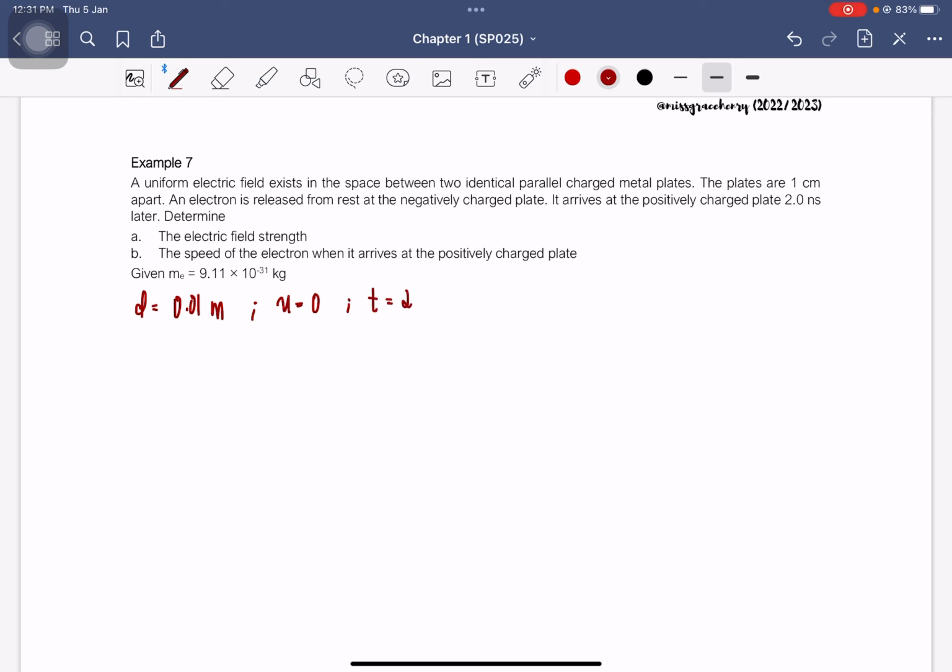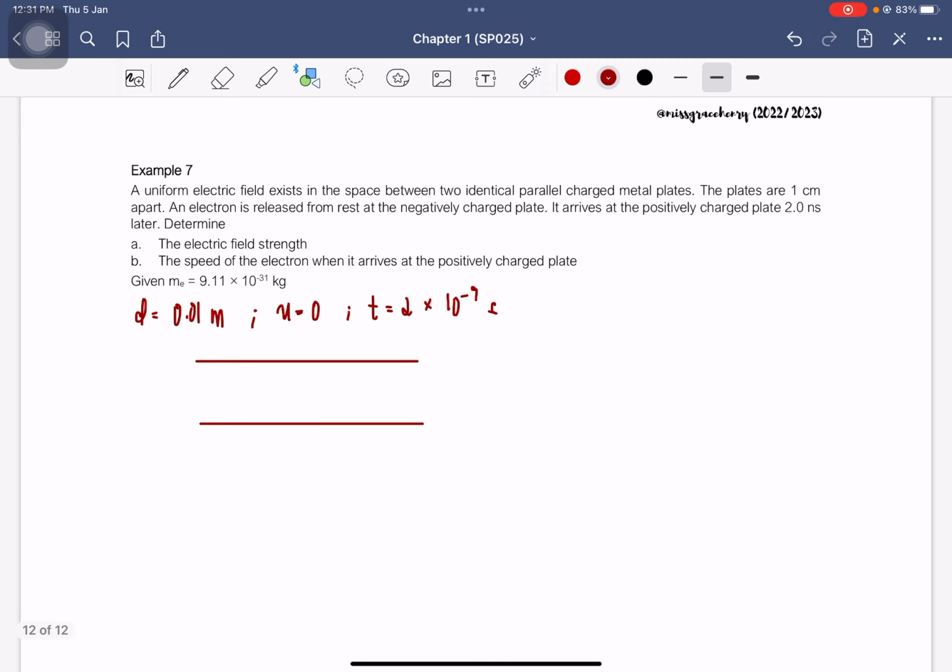So what does that tell us? It's going to be like this, so this is positive. You don't have to draw this in exams.